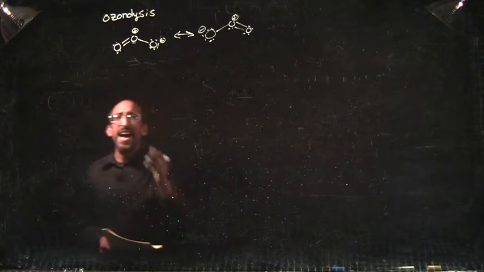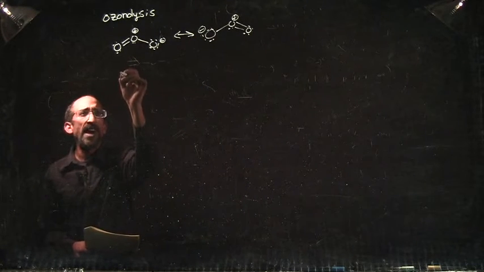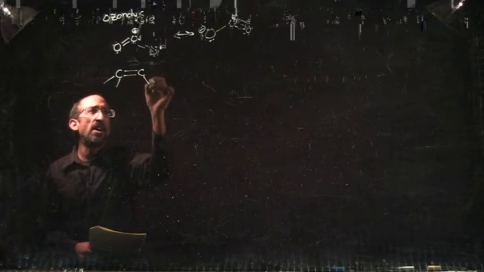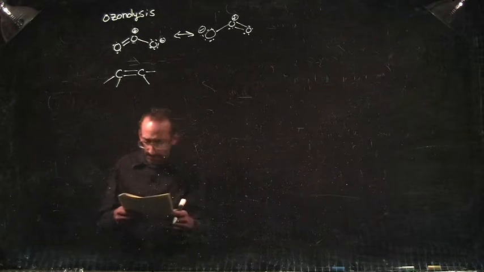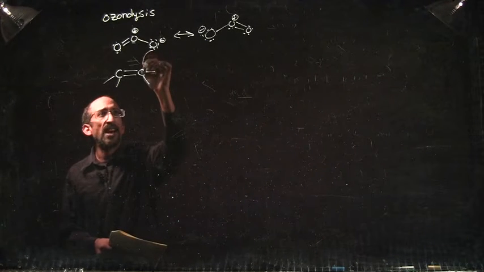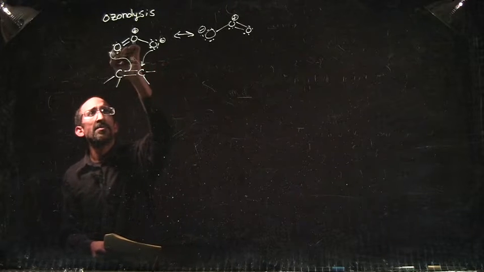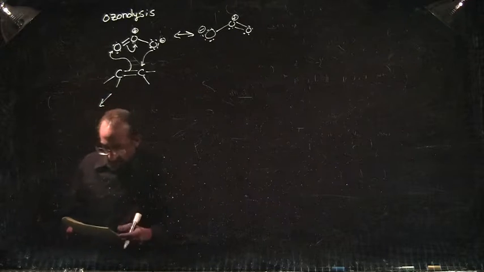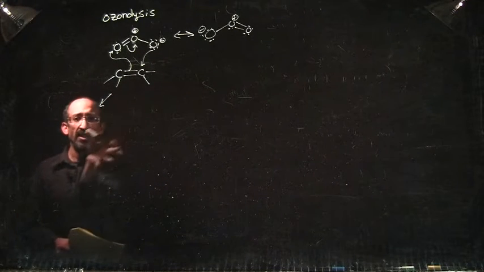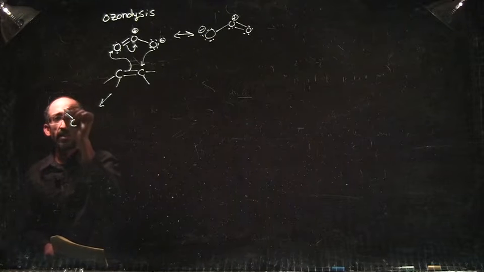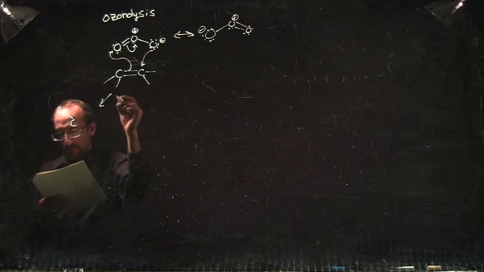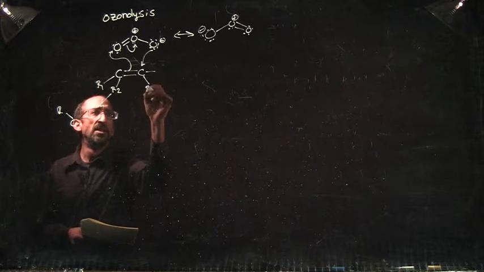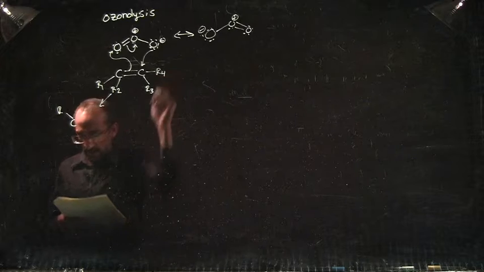And it can add in a concerted fashion across a carbon-carbon double bond like such, to give us a cyclic intermediate. I'm just going to rotate this when I draw it here. And let's go ahead and put some actual R's on this. Call this R1, R2, R3, and R4.